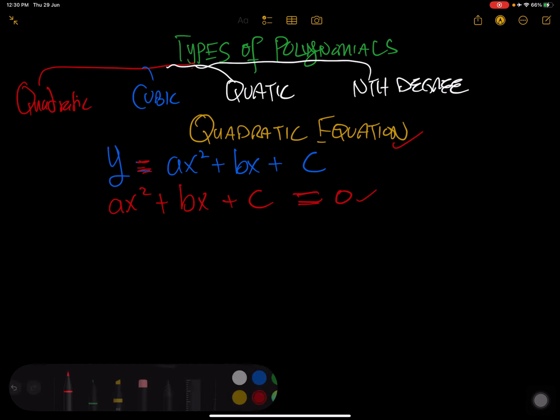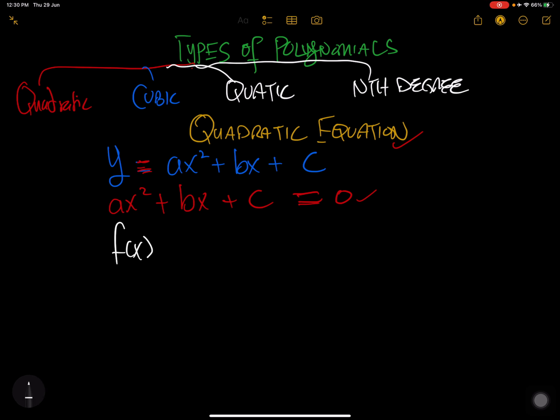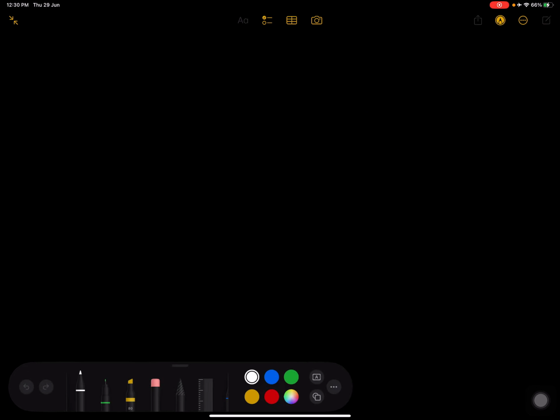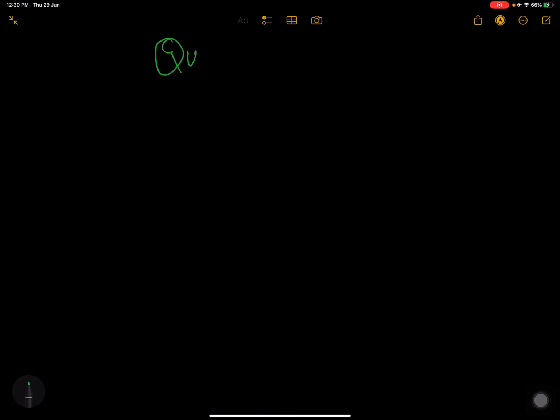Sometimes you might also see it in this form, maybe f of x is equal to x squared plus bx minus c. It's still a quadratic equation. It doesn't matter whether there's a y here or an f of x here. The moment there is a squared term in it, and that's the highest degree in it, that makes it a quadratic equation.